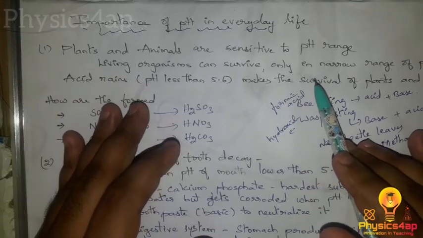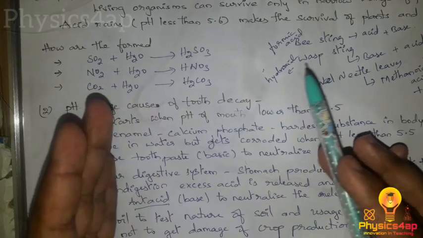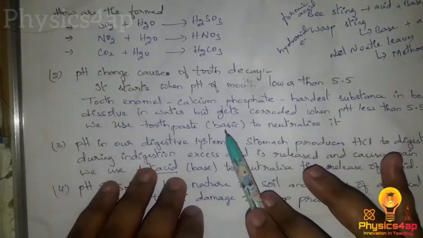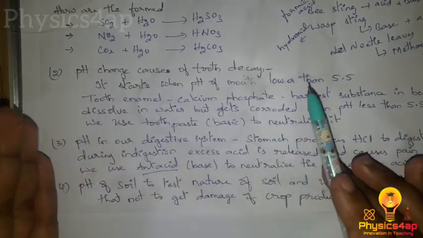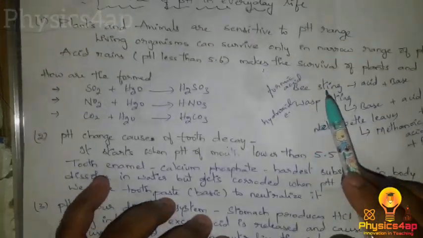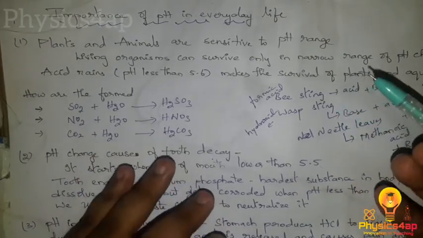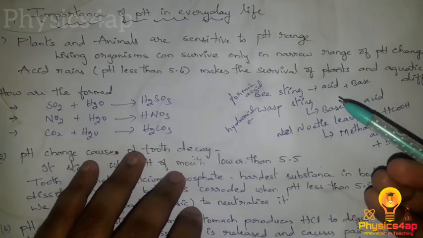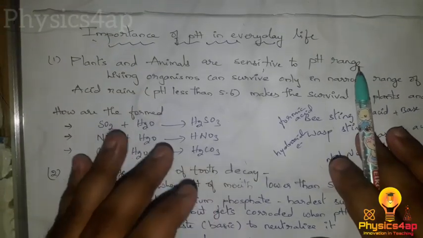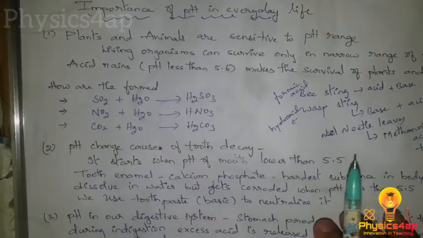Next, the pH range causes tooth decay, and also matters for the pH in our digestive system, as well as the pH of the soil. And also some of the animals and plants use this acid or base to survive themselves. So this is about the importance of pH in our daily life.